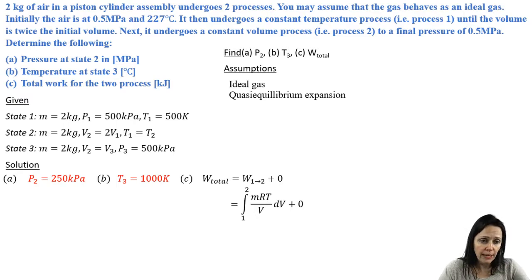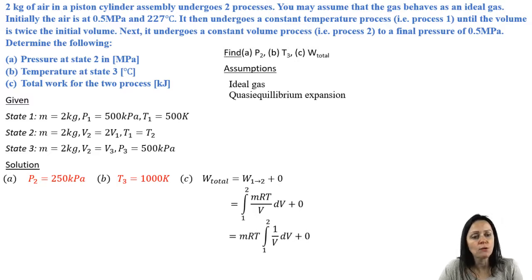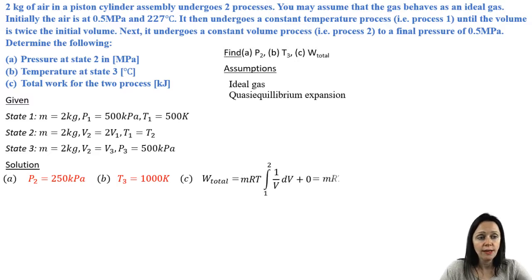If I look at the terms there, the mass, the specific gas constant, and the temperature from 1 to 2 are constant. So those come out of the integral, and I'm left with the integral of 1 over V dV, which is just the natural log of V2 over V1. I can also calculate the specific gas constant.